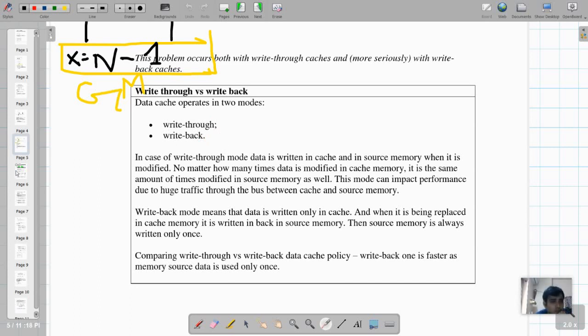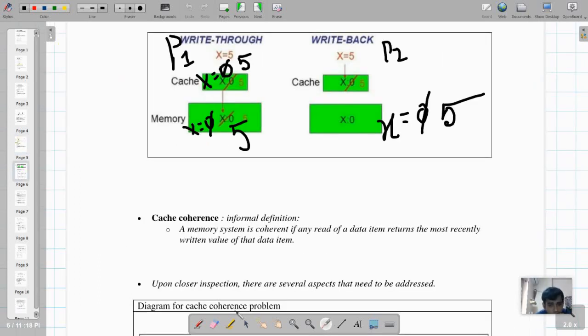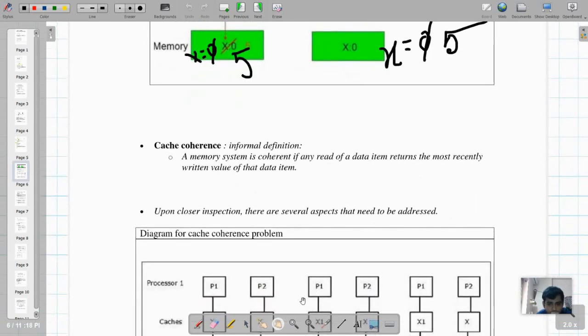Now have a look at the informal definition of cache coherence. It goes like a memory system is coherent if any read of data item returns the most recently written value of that data item. Just give this definition a thought.